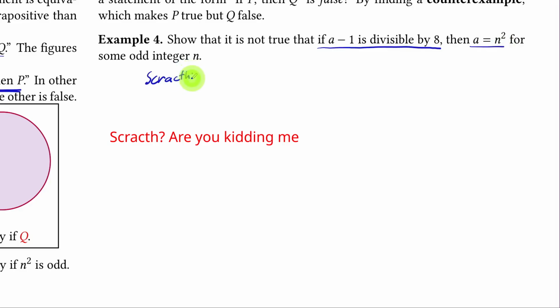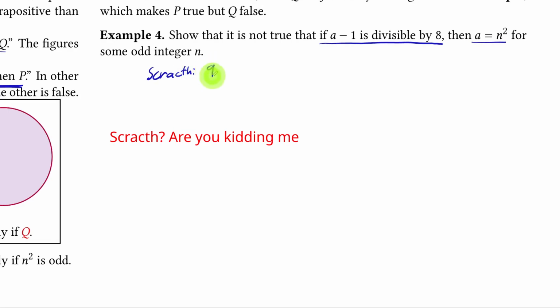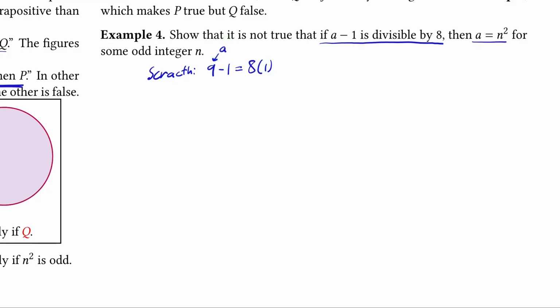You might say, okay, 9 minus 1 is divisible by 8. Right, that's 8 times 1. So that number 9 is the a. Oh, and that is equal to 3 squared. Oh, so maybe the theorem is actually true.